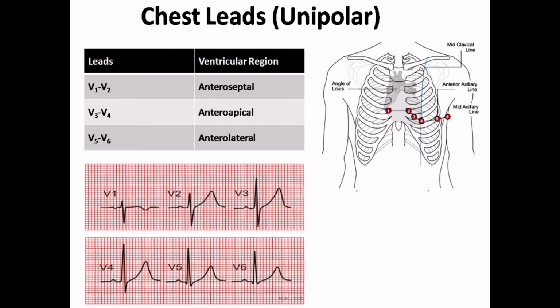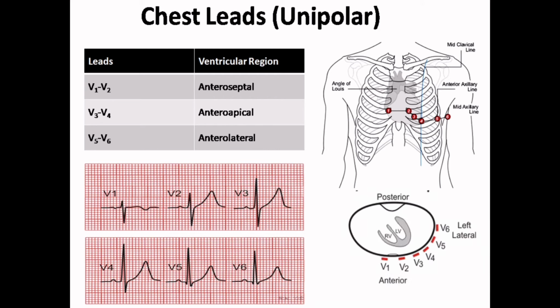So we will get V1 to V6 leads in the 12-lead ECG. Here you can see the anterior view is given by V1 and V2, the apical view by V3 and V4, and the lateral view by V5 and V6.